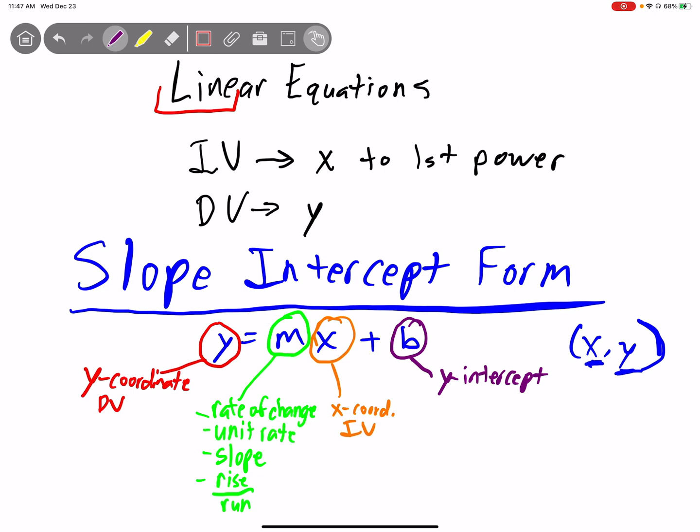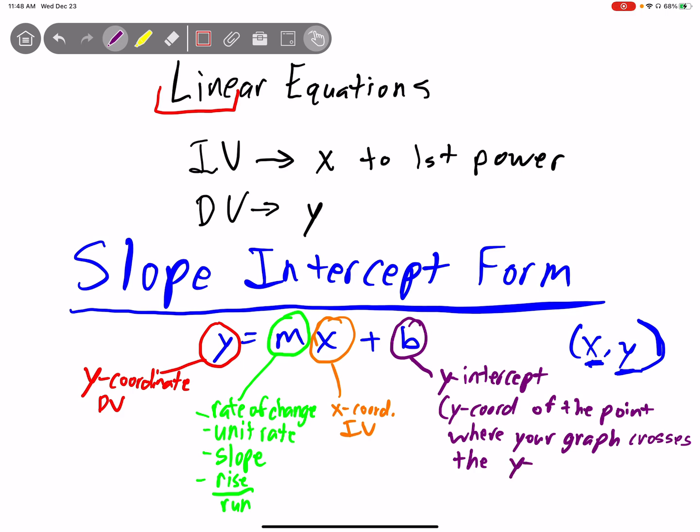Your y-intercept is your y-coordinate of the point where your graph crosses the y-axis.